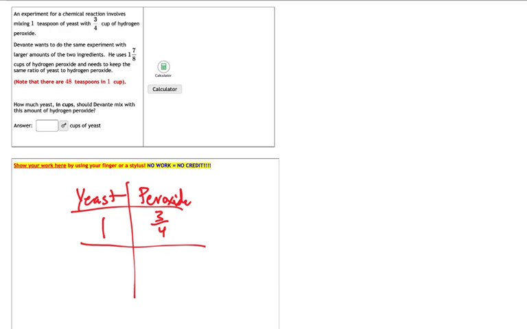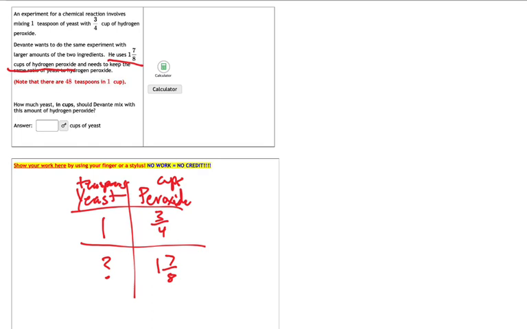Devonte wants to do the same experiment with larger amounts. He used 1 7/8 cups of hydrogen peroxide, so it has to go in the hydrogen peroxide column. And from there, we're trying to figure out how many teaspoons. And by the way, this is teaspoons here, and this is cups.